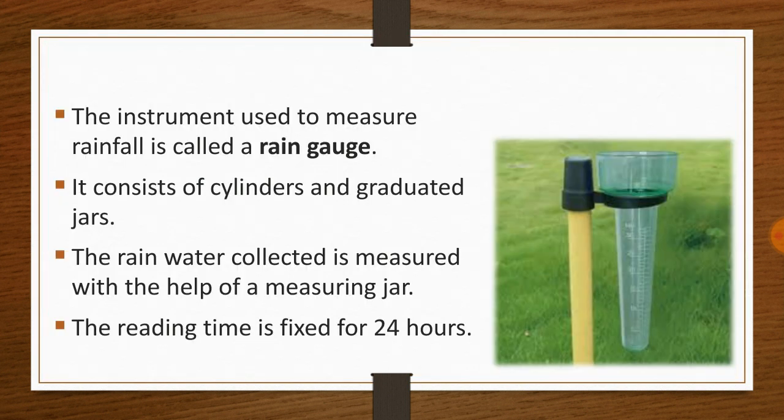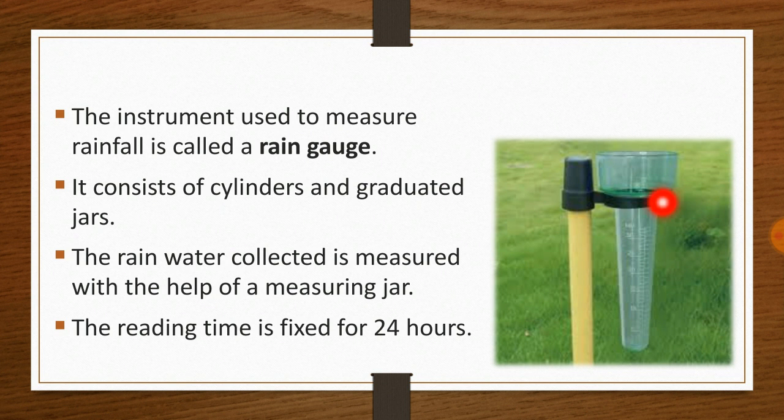We are proceeding further. The instrument used to measure rainfall is called a rain gauge. So, what is the instrument which can be used for measuring rain? Yes, it is rain gauge. The picture is given here. It consists of a cylinder and graduated jars.